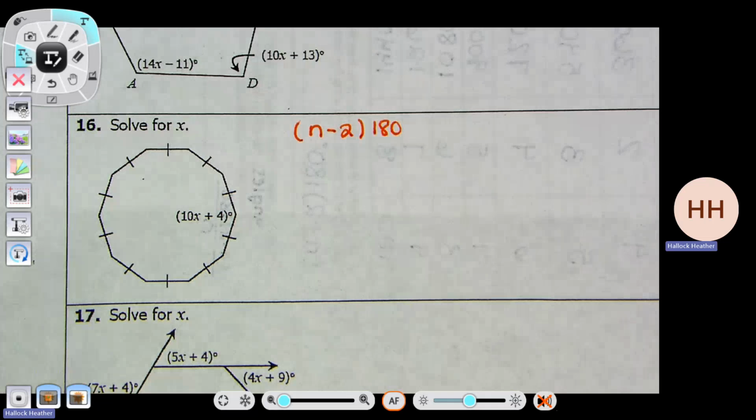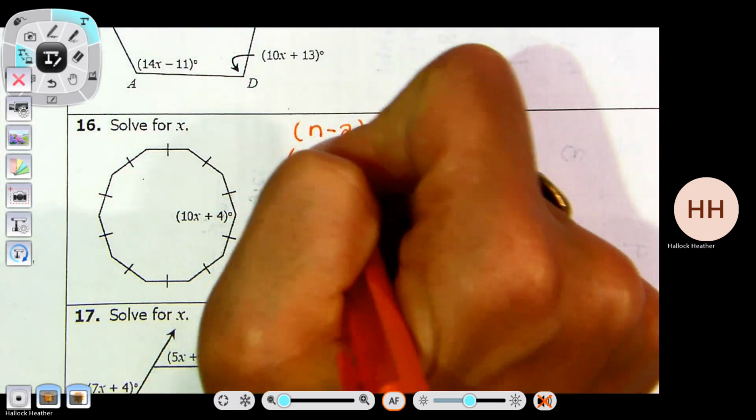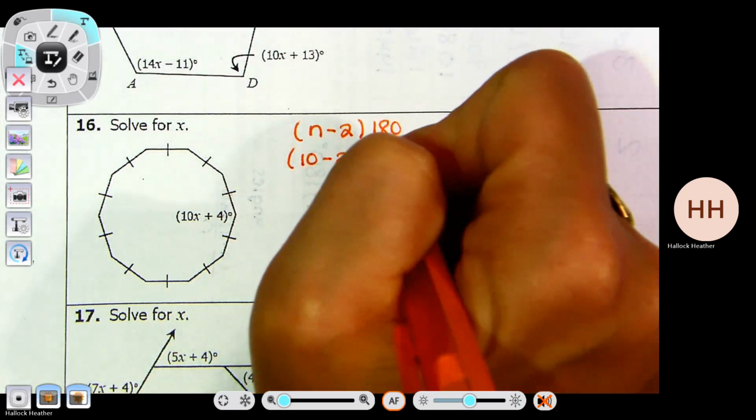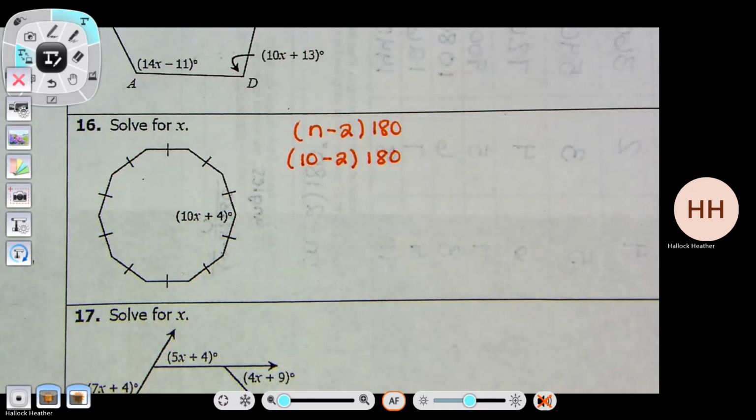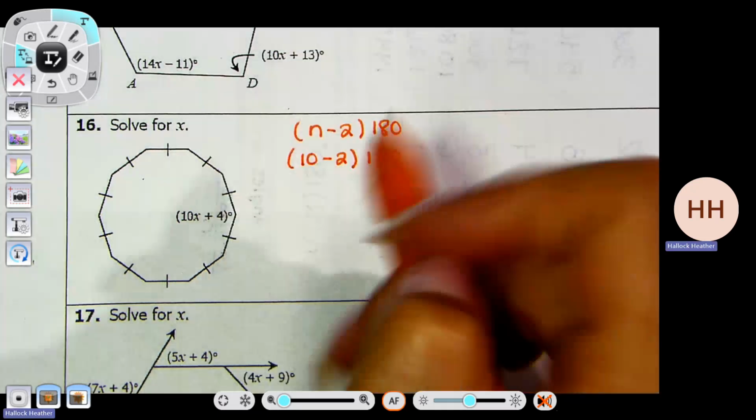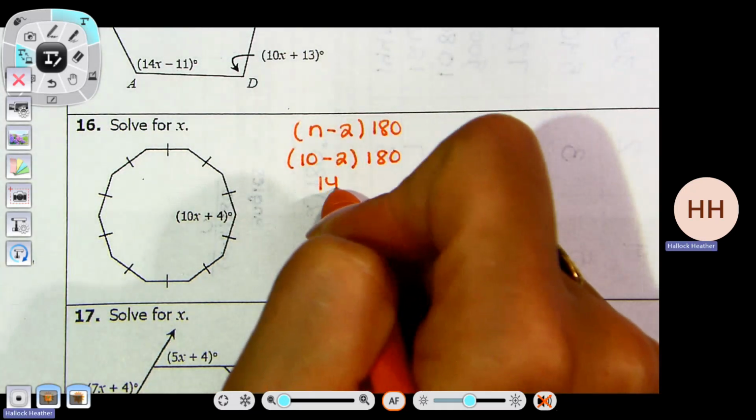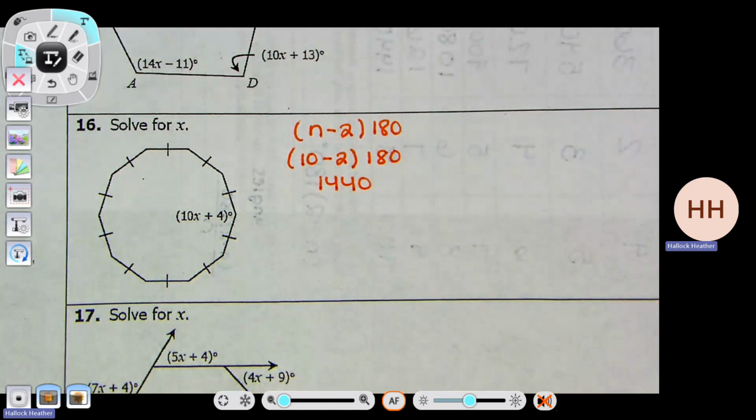Exterior, no matter what, makes 360, but this is interior. So how many sides does this shape have? So 10 minus 2 is 8. So 1440.